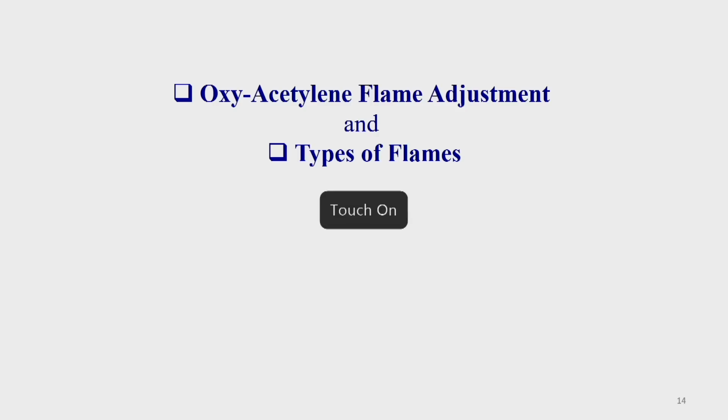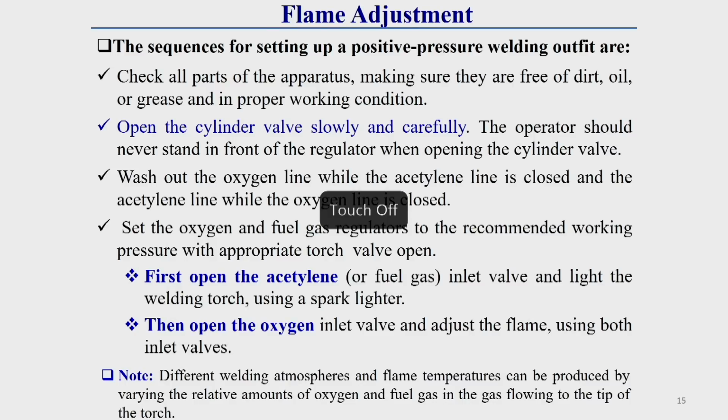That means, as per our requirement, an expert welder can generate the required flame by controlling the ratio of oxygen and acetylene. How this adjustment is done, I will discuss, and I will discuss what different types of flame are generally there in the oxyacetylene welding technique. First of all, I will discuss oxyacetylene flame adjustment.